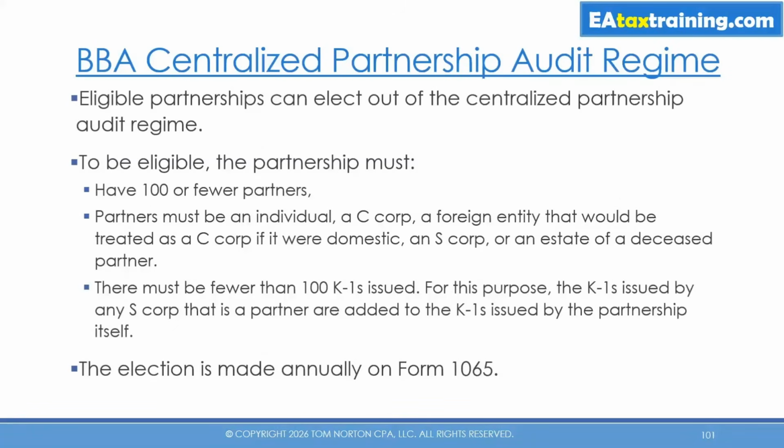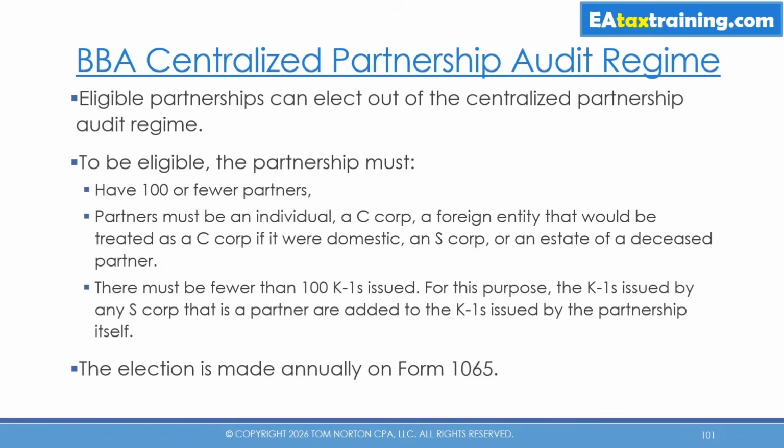As a result, certain smaller partnerships can elect out of this centralized partnership audit regime. To be eligible, the partnership has to have 100 or fewer partners. The partners must be either an individual, a C Corp, a foreign entity that would be treated as a C Corp if it were domestic, an S Corp, or an estate of a deceased partner.